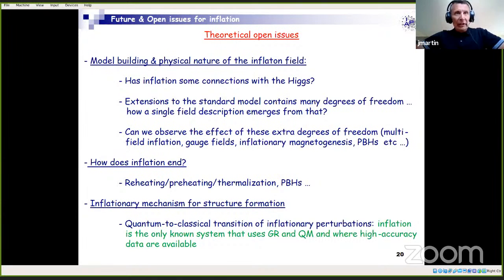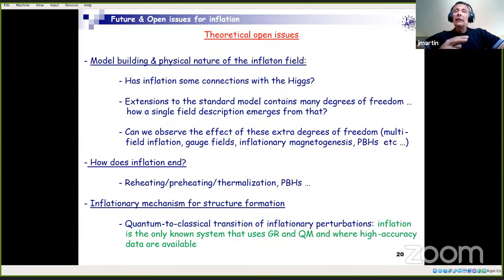The first question is obvious. I think we would like to relate this phenomenological model of inflation to high energy physics. So this is the question of the physical nature of the inflaton field, and this is the question of model building. Some questions that might be asked are the following.